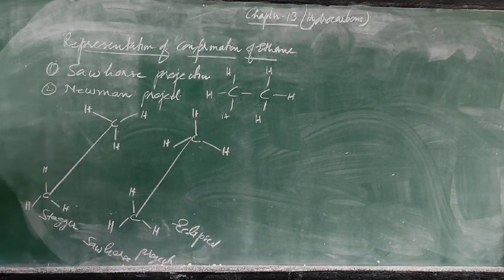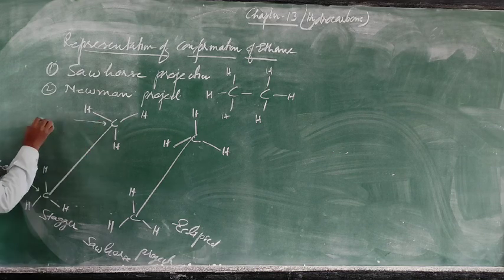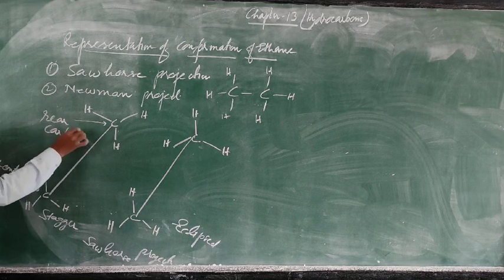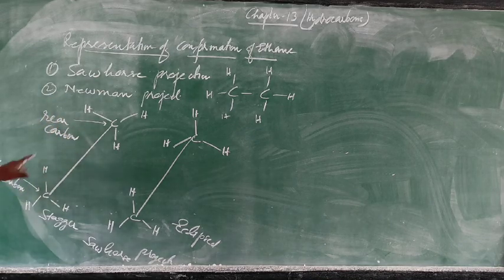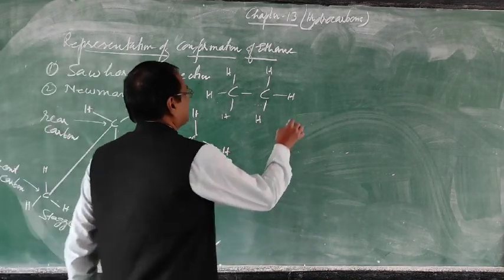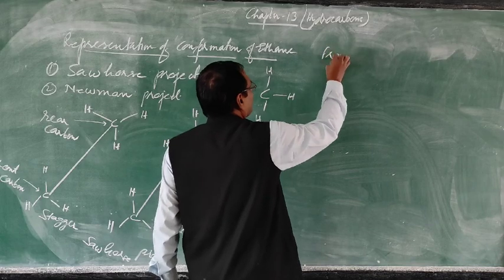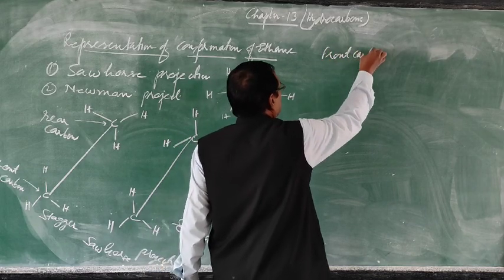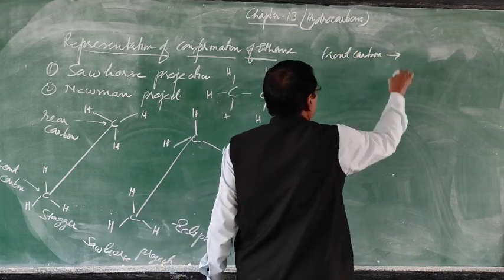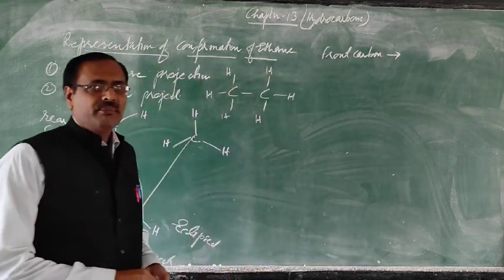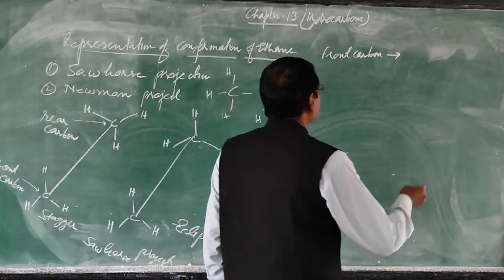Now this is the front carbon atom, and that carbon is the rear carbon. In the Newman projection, the front carbon is represented by the center of the circle.